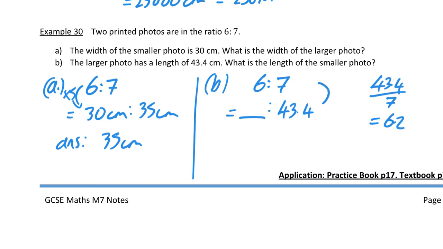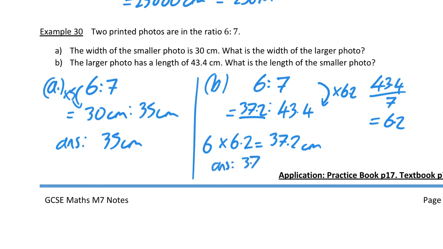So that means to get from here to here, all you're doing is multiplying by 6.2. So that means 6 times 6.2, when you work that out, is going to give you 37.2 centimeters. So your answer is 37.2 centimeters.